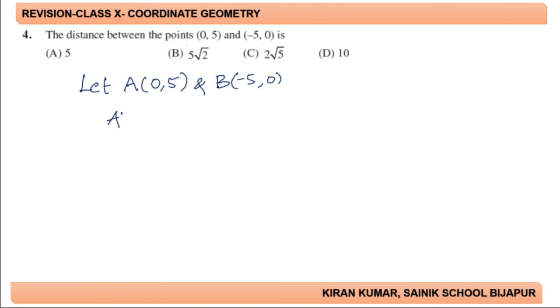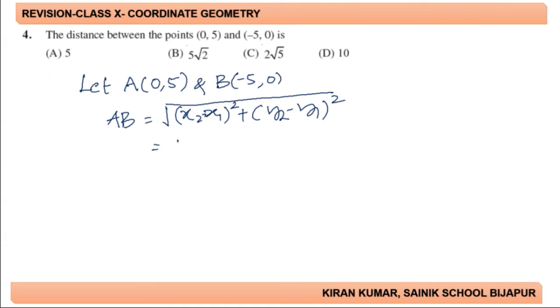We'll be finding the distance AB. This will be under root (x2 minus x1) whole squared plus (y2 minus y1) whole squared. This will be equal to under root (-5 minus 0) whole squared plus (0 minus 5) whole squared.